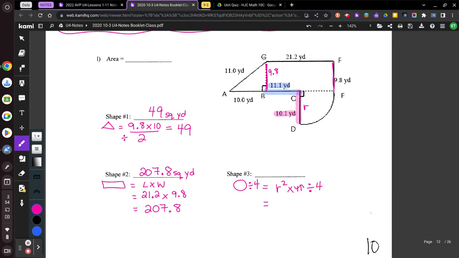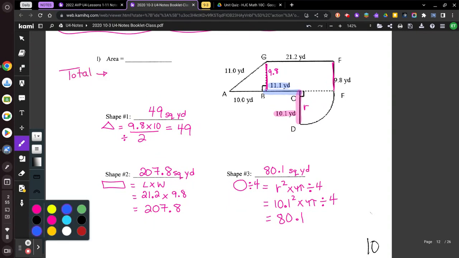So my R is 10.1 squared times pi divide 4. Okay, and that's going to give us 80.1 square yards. So our total is going to be to add them together.